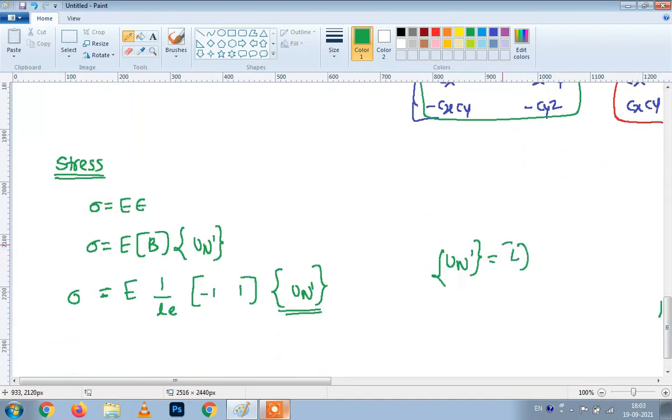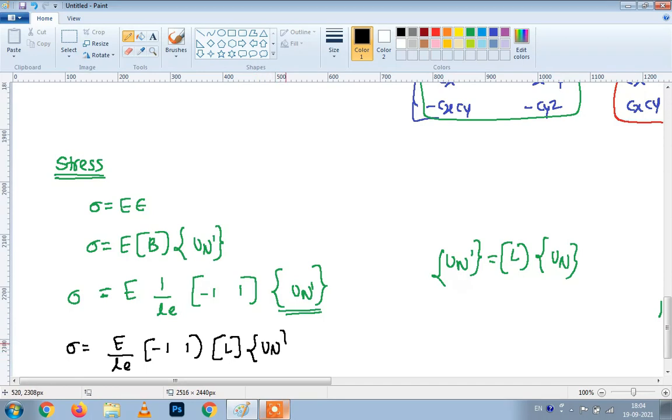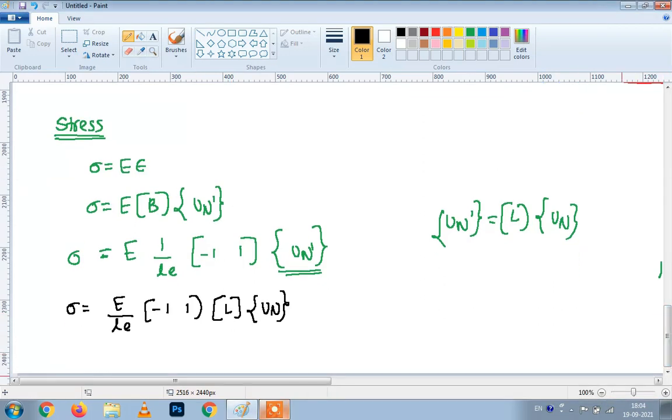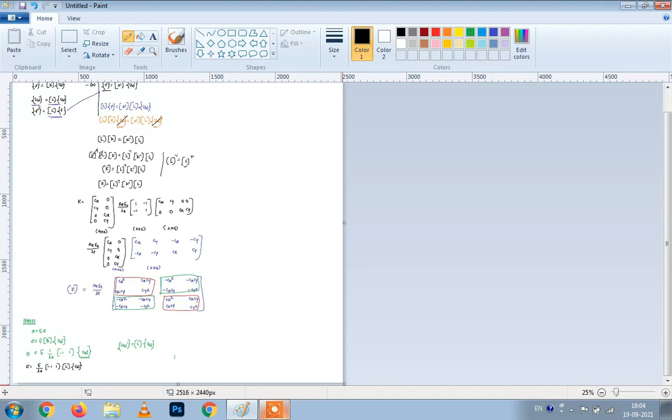So we are going to put this value, un dash equal to L into un, in the previous equation. So what we will get here: E upon LE, we are multiplying these two, minus 1, 1 will be as it is, into, instead of un dash, L into un, where L stands for the transformation matrix.